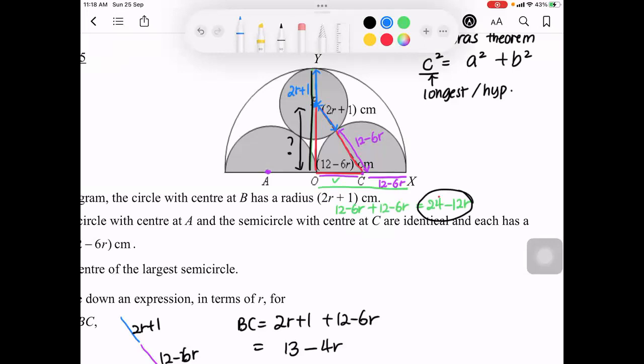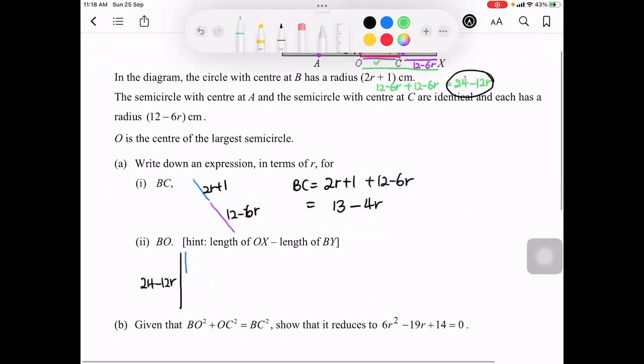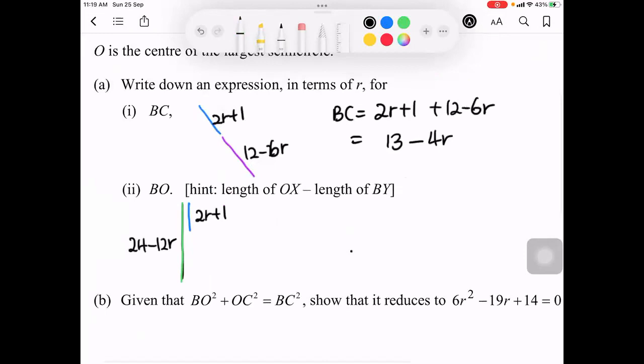So I want to find that small portion. I take the whole thing, the green color, minus away the blue color portion, which is 2R plus 1. So to find BO, subtraction must be careful, must put bracket.